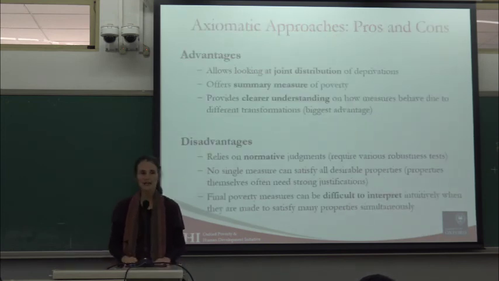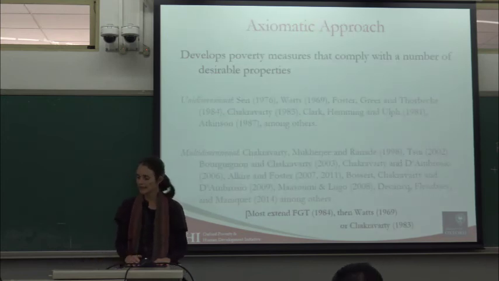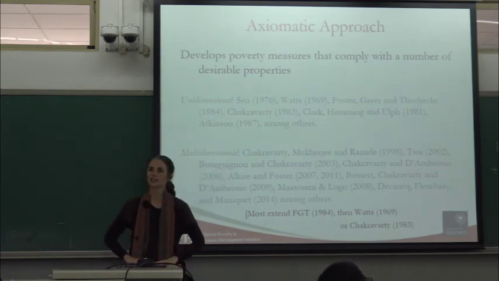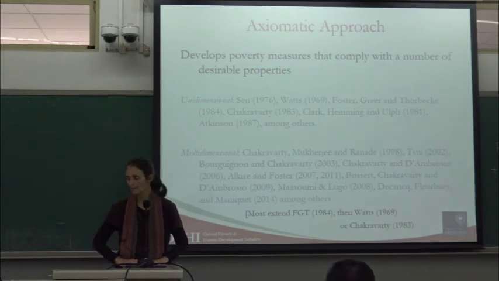So if we think of the multidimensional poverty literature, in the late 1990s, the first paper that we know of is a chapter in a book by Satya Chakravarti, Mukherjee, and Ranade, published in India in 1998. It's a fantastic paper, and it names, for example, factor decomposability. It has an interest in policy in subgroup decomposability, and for being the first paper published in a subject, it was remarkably insightful.